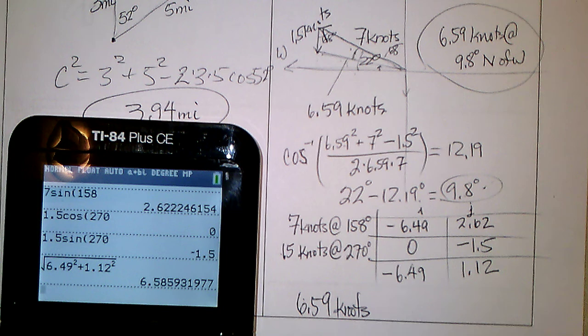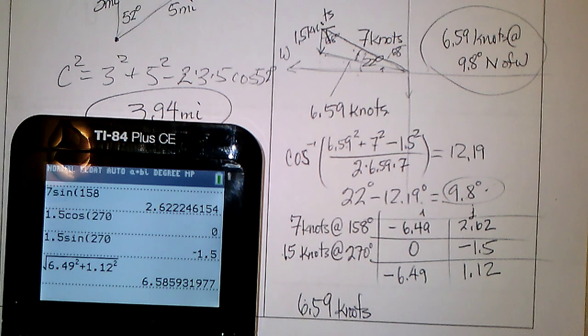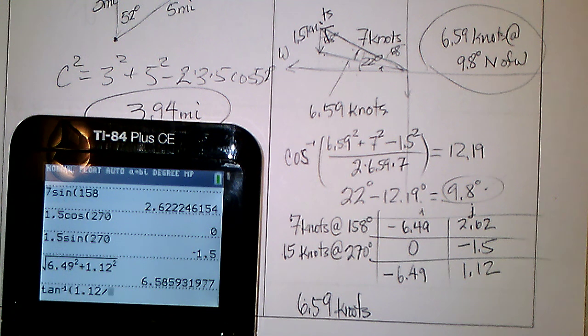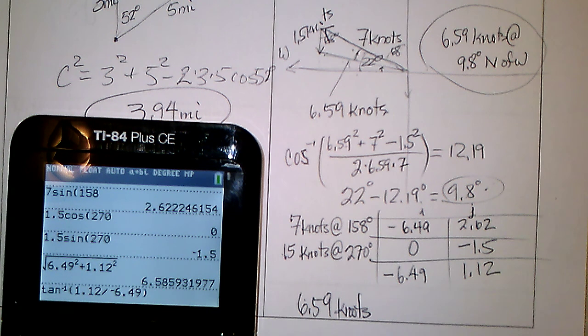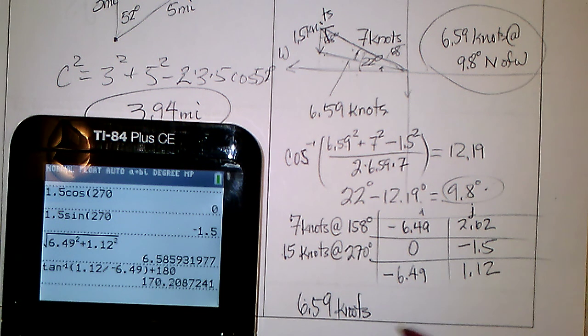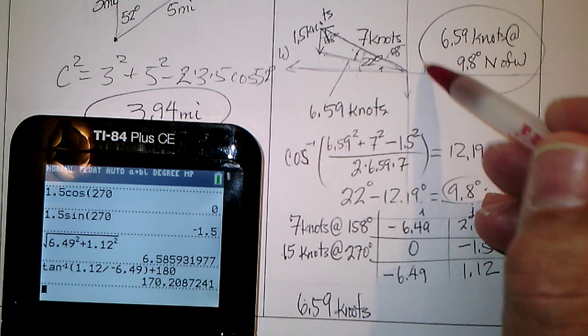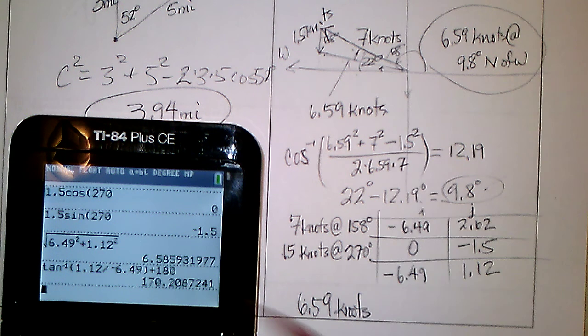And to get the angle, I would use tangent inverse of 1.12 divided by negative 6.49, tangent inverse of y over x, and since the x is negative, I need to add 180, and I get an angle of trig of 170.2.